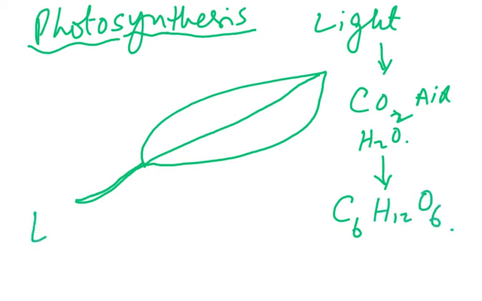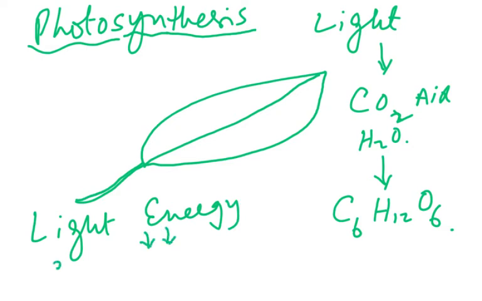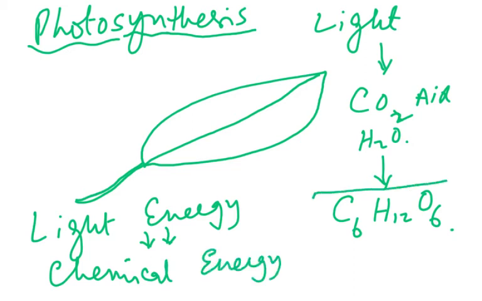Now basically what is happening is light energy is being converted to chemical energy. So this is actually transduction. So chemical energy is what? Chemical energy is this glucose molecule.